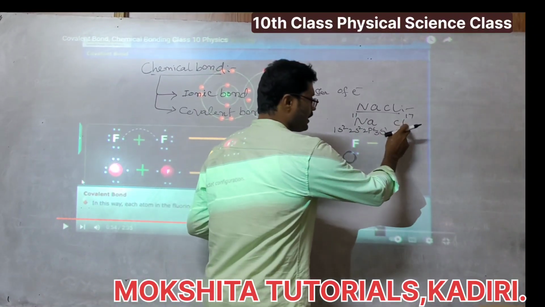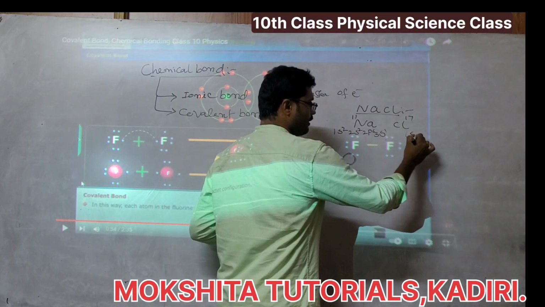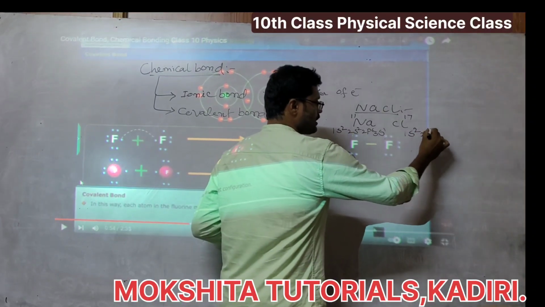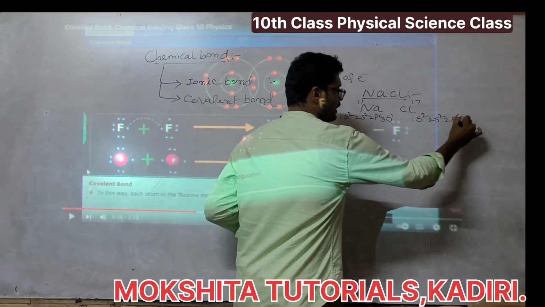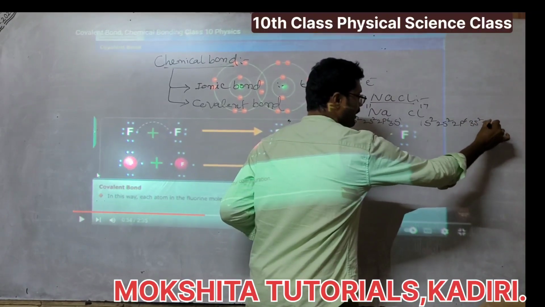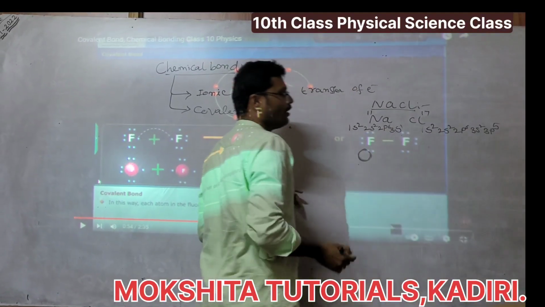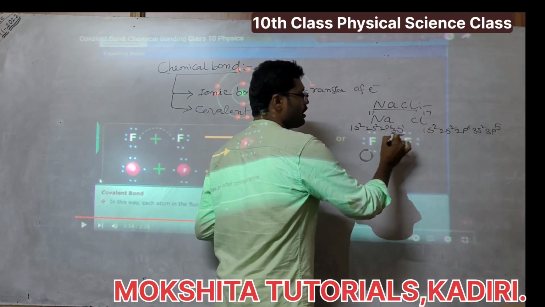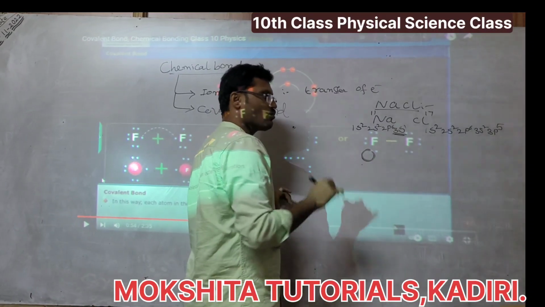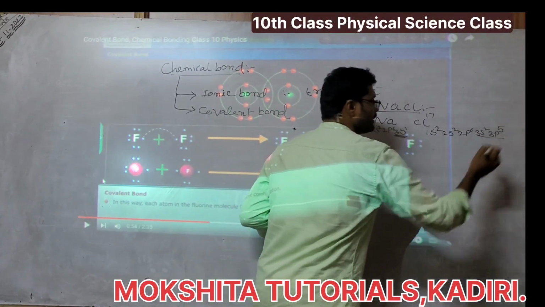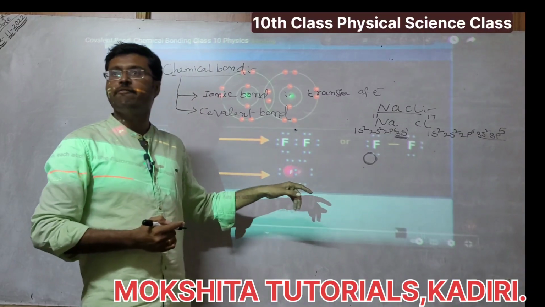If you talk about chlorine, the electronic configuration is 1s2, 2s2, 2p6, 3s2, and 3p5. For sodium the outermost shell is 3s1, and here it is 3s2, 3p5.